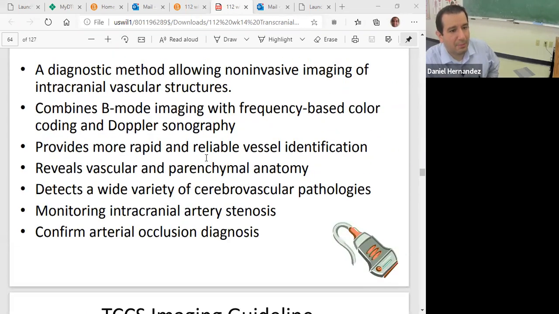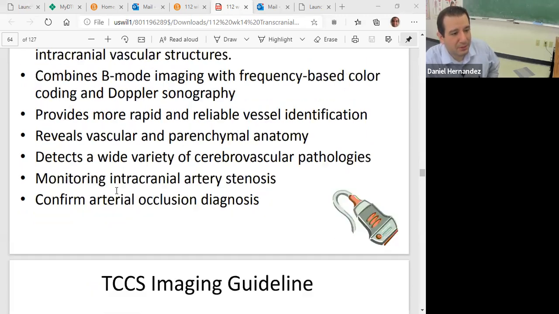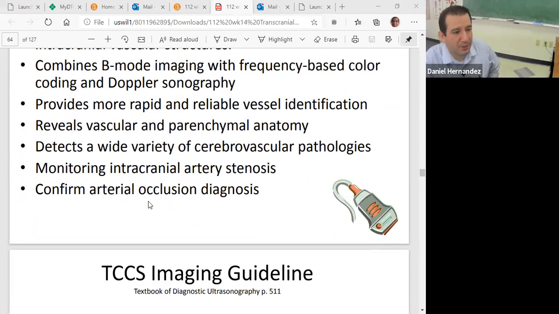So it provides more rapid and reliable vessel identification, reveals vascular and parenchymal anatomy, detects a wide variety of cerebral vascular pathologies, and it's good for monitoring intracranial artery stenosis and confirming arterial occlusion diagnosis.